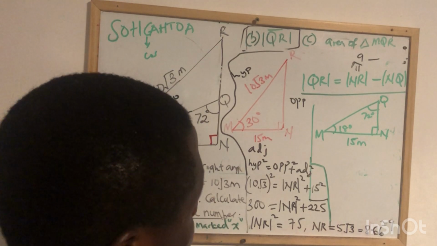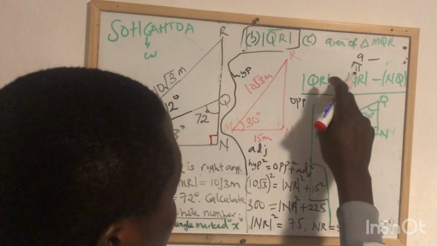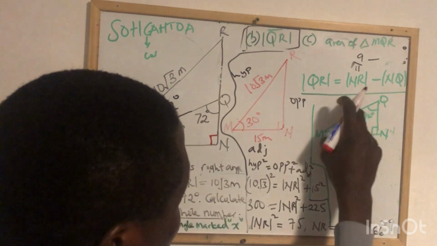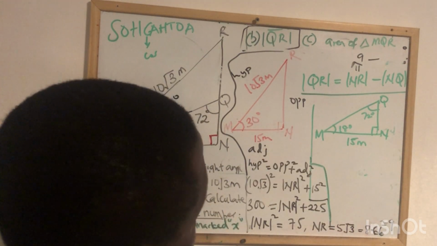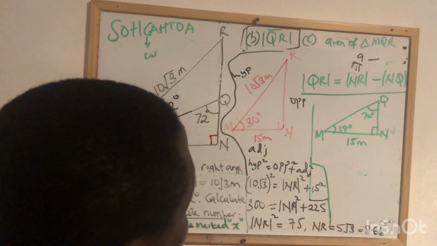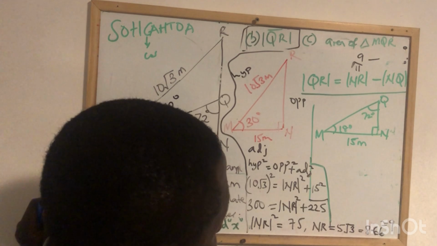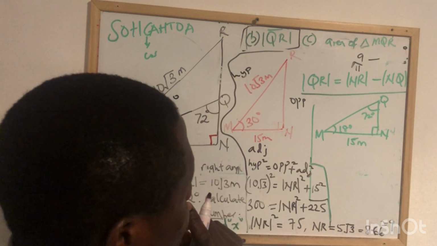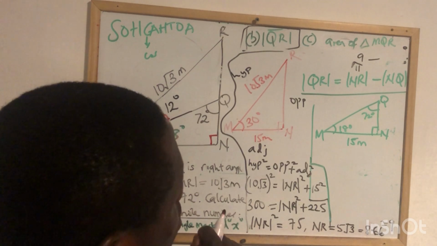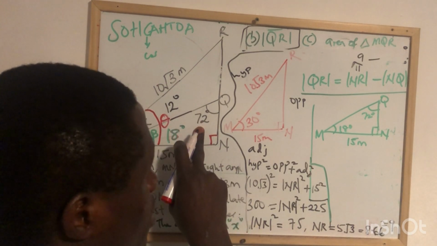So to get NQ, in order to get QR, you consider this triangle that I've drawn. Now, how do you get NQ? That's a big question. Not to confuse yourselves, you have to use one angle here, and I advise you to use an angle that is given in the question, which is 72.